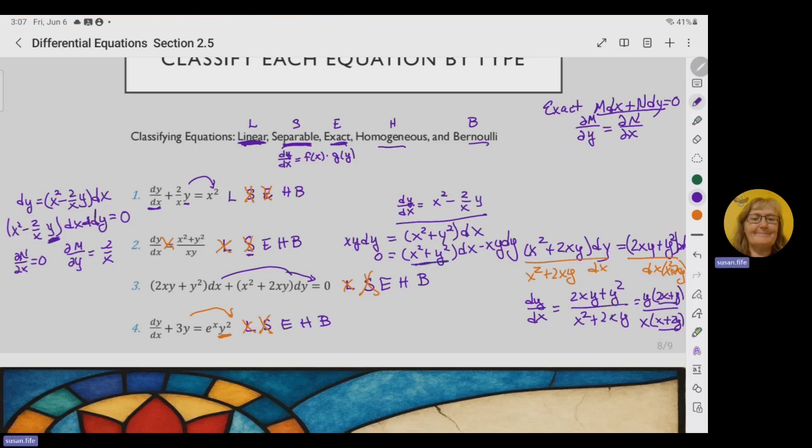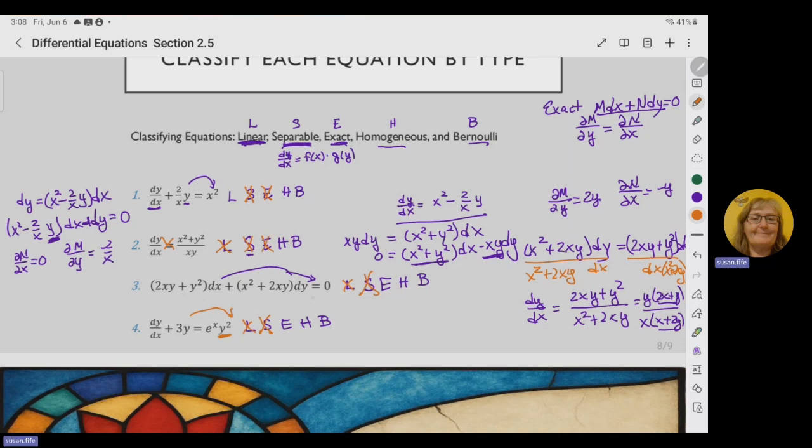So now this is my M. If I take the partial derivative of M with respect to y, I get 2y. Then if I take the partial derivative of N with respect to x, that's just negative y. So close, 2y and negative y are like terms, but they're not the same. So not exact.